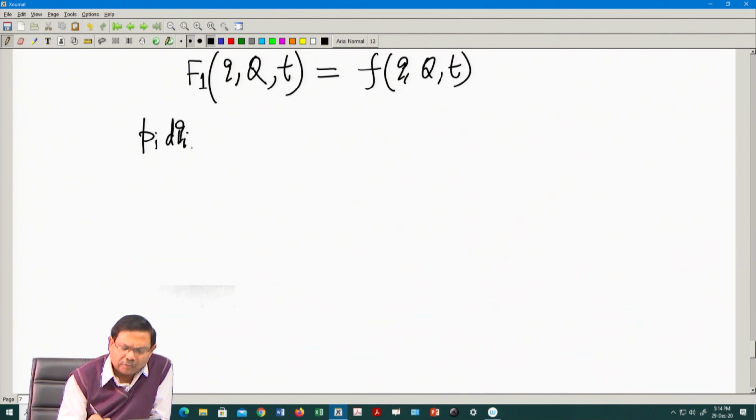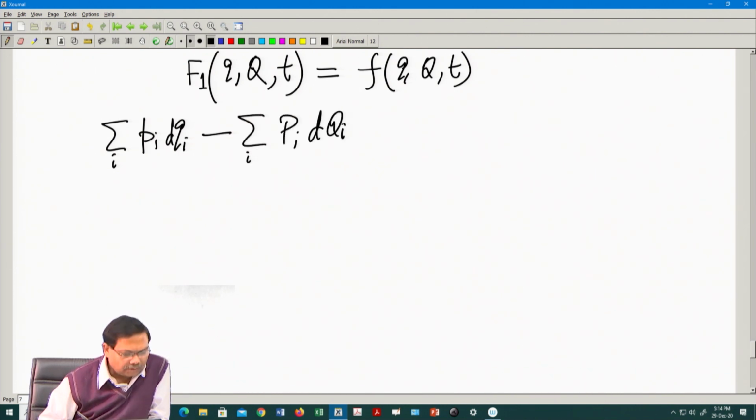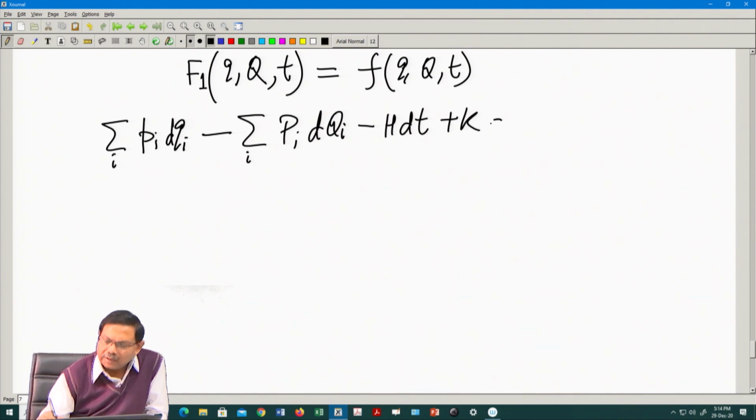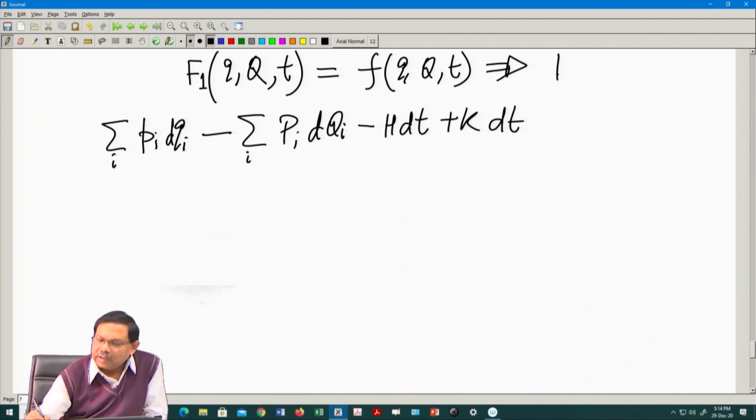Sum over i of p_i dq_i minus H dt plus K dt. In this transformation, if we use this generating function, the old Hamiltonian goes to the new Hamiltonian.